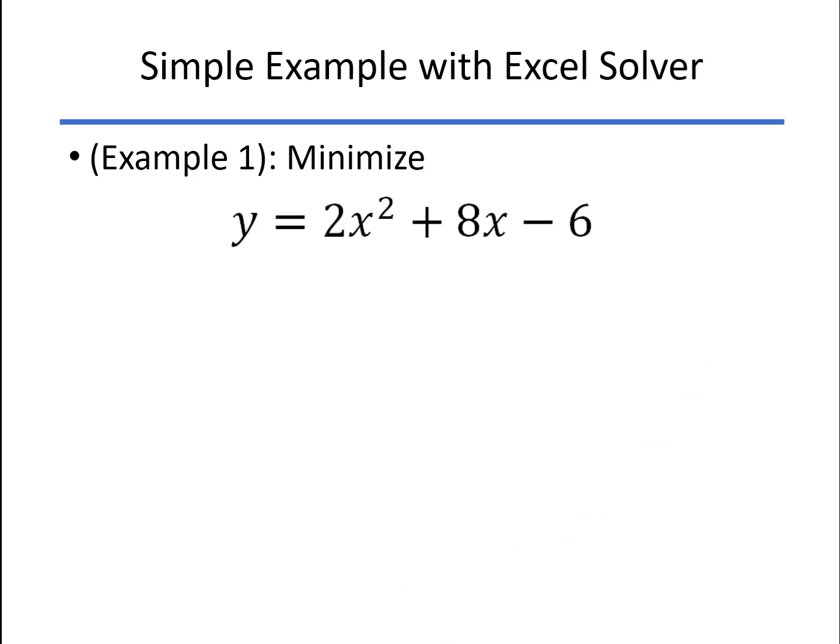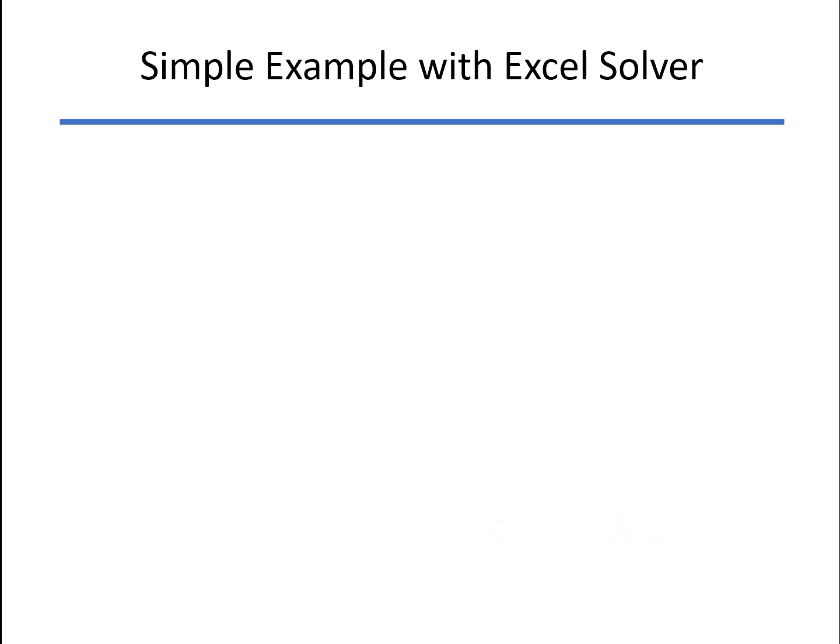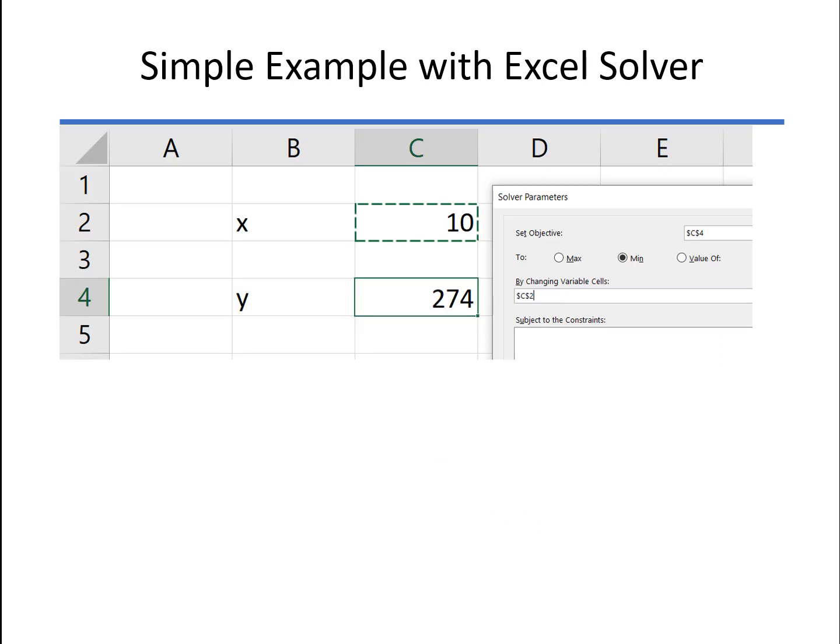Doing the same thing with Excel Solver. Again, put in a guess value in x, and in y we put in the equation. And instead of using goal seek, which just lets us set y to a specific value, Solver, in addition to setting things to a specific value, can also find max or min.